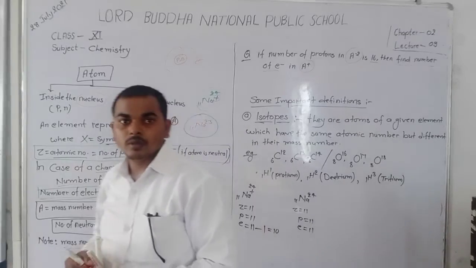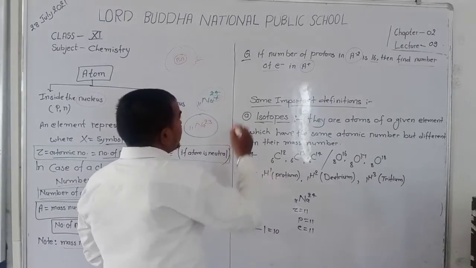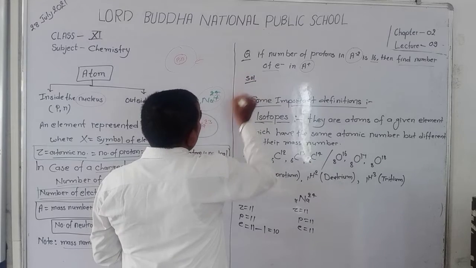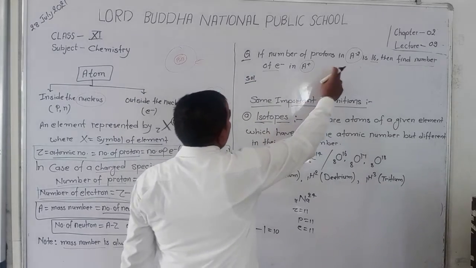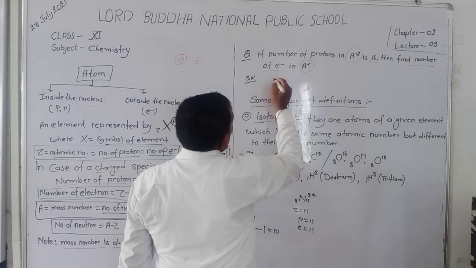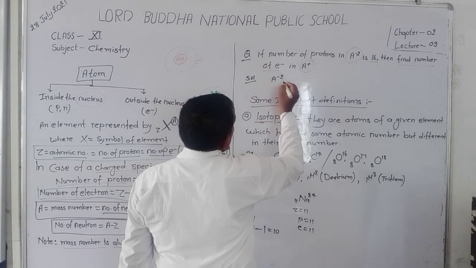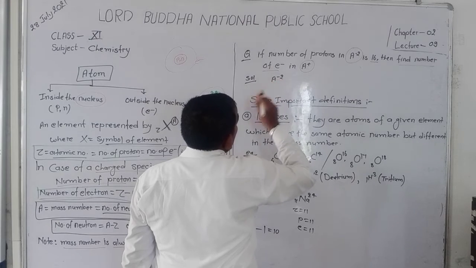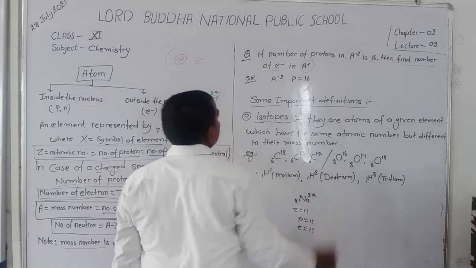Okay student. Dear student, now solve this question. For the solution of this question, we observe here the number of protons in A2- equals 16.